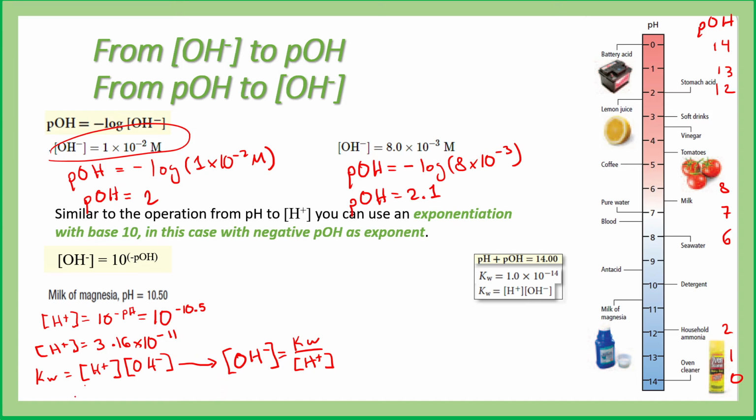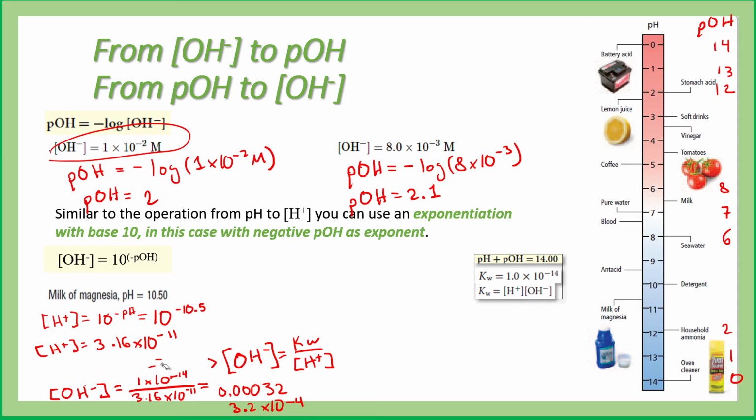Therefore, the hydroxide ion concentration will be 1 times 10 to the minus 14 divided by 3.16 times 10 to the minus 11, and it is equal to 0.00032, which is 3.2 times 10 to the minus 4. Okay, that's a way to calculate that.